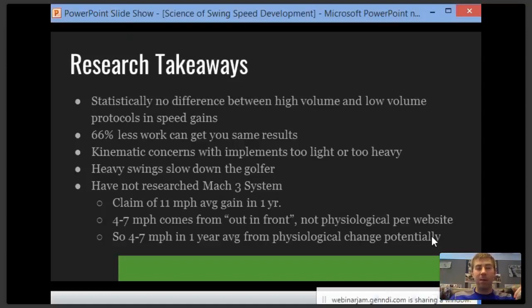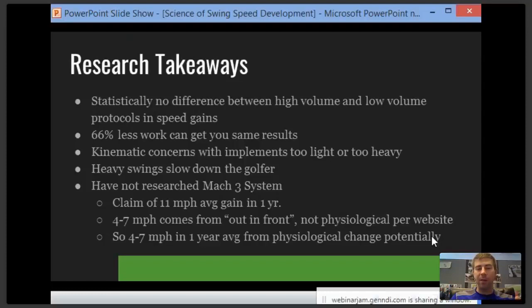In terms of the Mach 3 systems, this is the other big one that's out there. I've talked with the founder about it, and obviously read a lot on their website. We haven't actually tested this, so this is all non-research based from our side of things. But the general claim on their website is that over the course of a year, the average golfer is going to gain about 11 miles an hour.